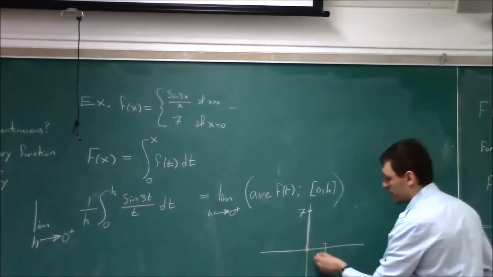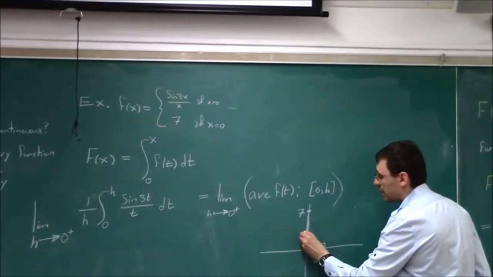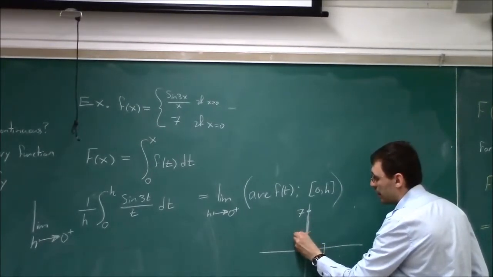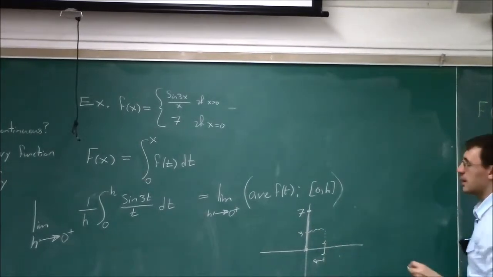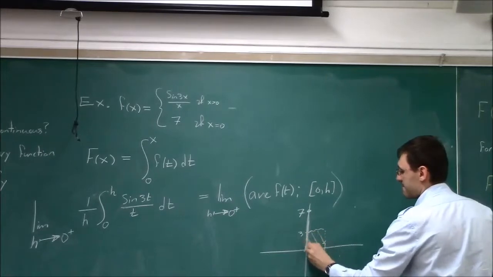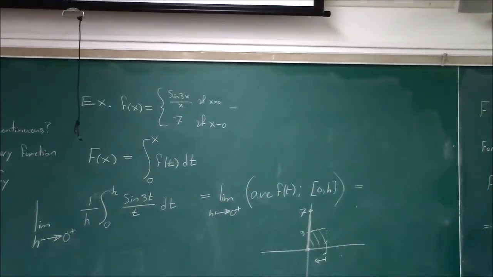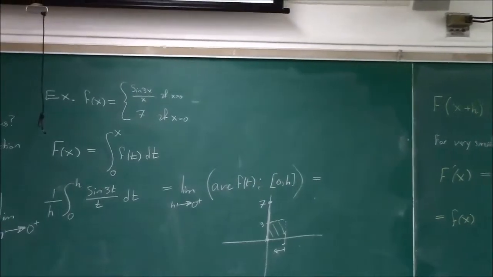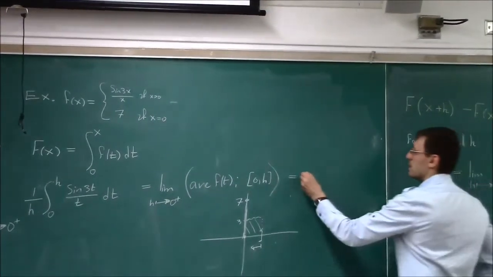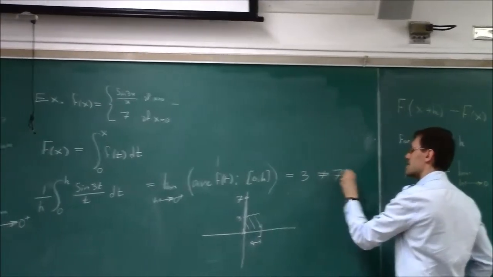So in essence, if h is very small, you would see that all the altitudes fluctuate within 3, very close to 3. So what is the average? There is 1 point at 7, and multitudes of things that are like 3. What is the limit going to be like? 3. So this is going to be 3, and it's not equal to 7, which is f of 0.